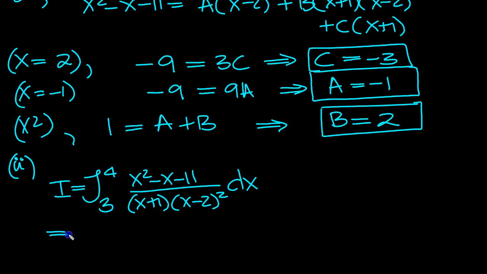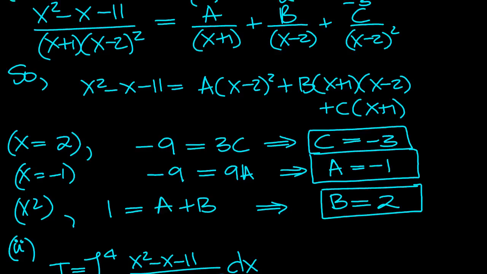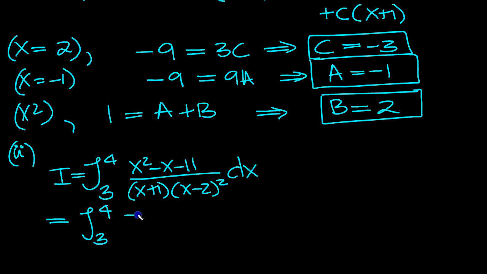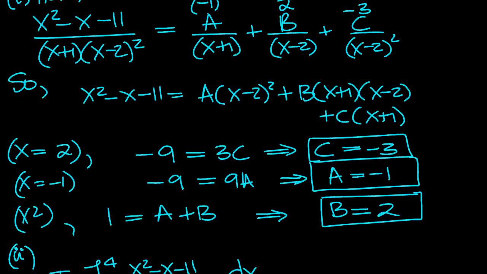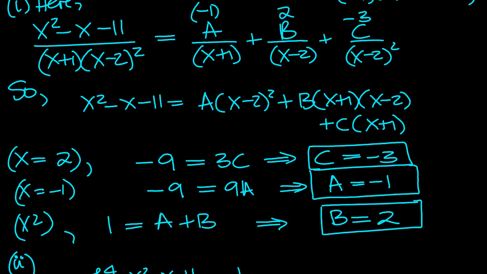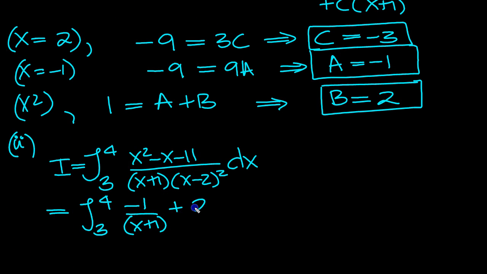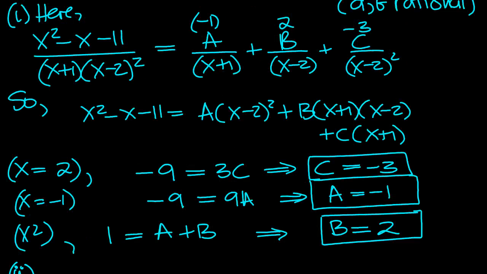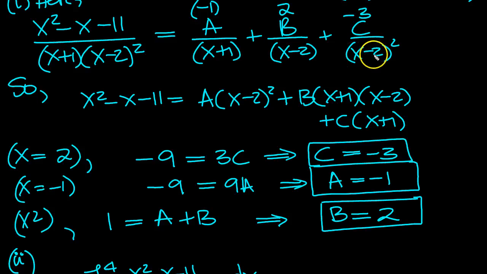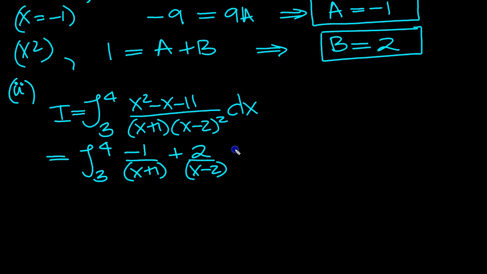So this is equal to the integral between 3 and 4 of this partial fraction, which we can write as minus 1 over x plus 1, the next part is 2 over x minus 2, and the last part was minus 3 over x minus 2 squared, dx.